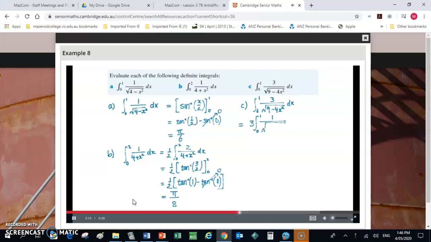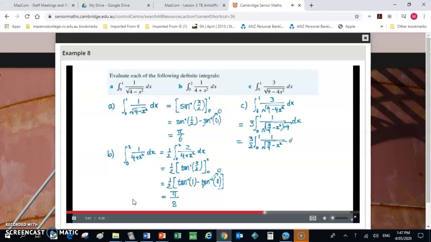Now, I'm going to take the 4 out. So that leaves me with 9 on 4 minus x squared, all in brackets, multiplied by 4. And you note that the 4 is underneath the square root sign. So, square root of 4 becomes 2, so that 4 is now gone, and it's 1 over the square root of 9 on 4 minus x squared.